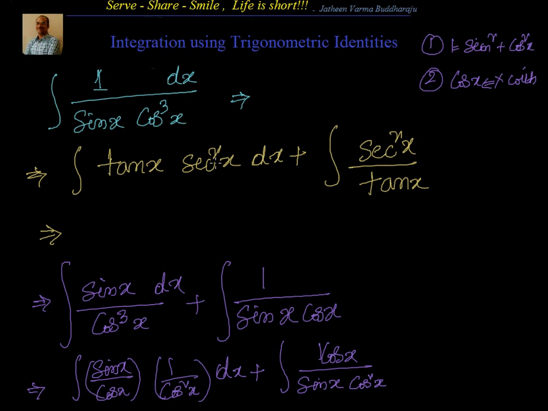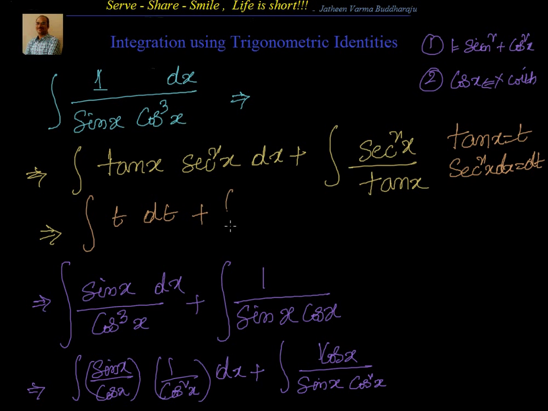This is nothing but equal to, if I take tan x equal to t, then secant square x dx is equal to dt. So can I write it as t dt plus, again I take tan x equal to t, I have secant square x dx is equal to dt.